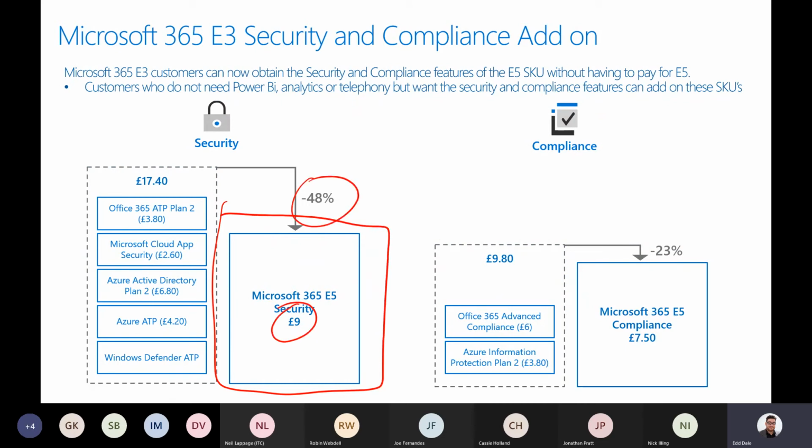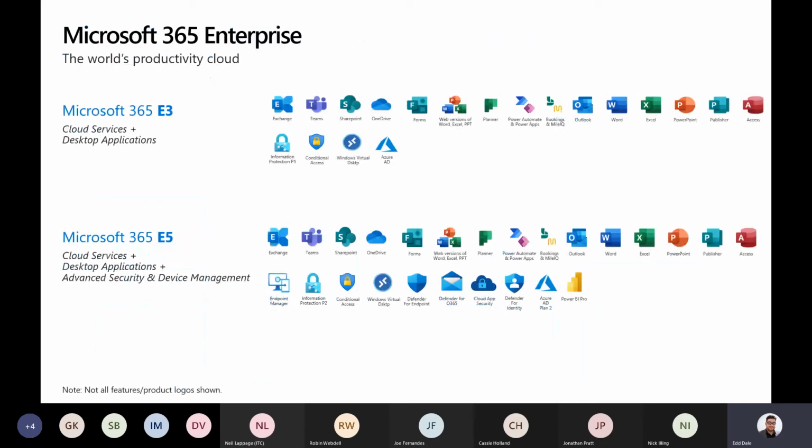A 48% saving on if they were to buy them all absolutely separately. So this is a great way of being able to meet in the middle, if you will. If security is the key driving feature, and that's really the difference between E3 and E5, it's the security. But if £20 is too much, we can get around that.